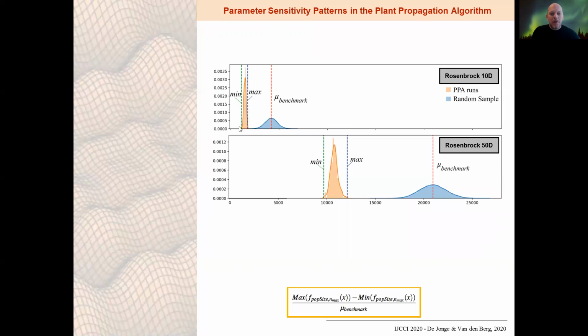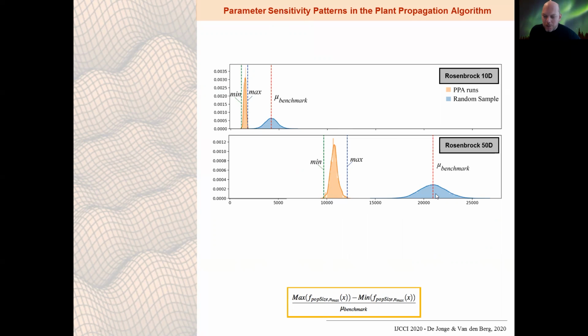The minimum and the maximum parameter settings, so this is the best parameter setting and this is the worst performing parameter setting, form a relatively tight space. Same goes for 50 dimensions. This is 10 dimensions, this is 50 dimensions. But for 10 dimensions, you start off closer to the bullseye because of this sigma than for 50 dimensions.